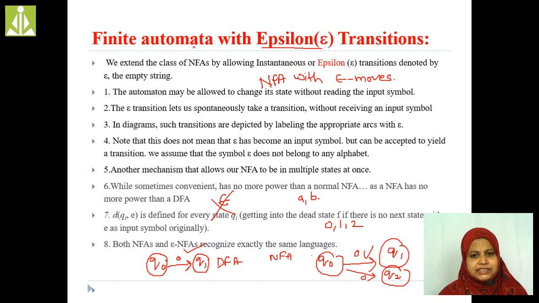Here, everything is the same as in the NFA, but the only difference is that in the epsilon NFA we have empty paths, or else the null string is processed by that particular state, right?